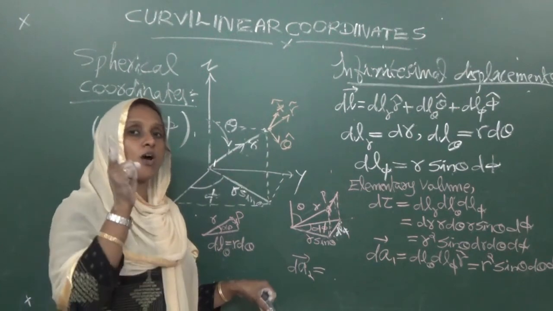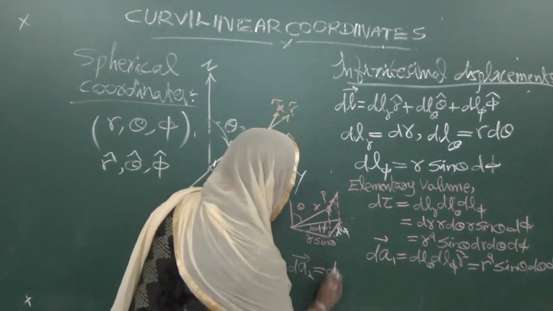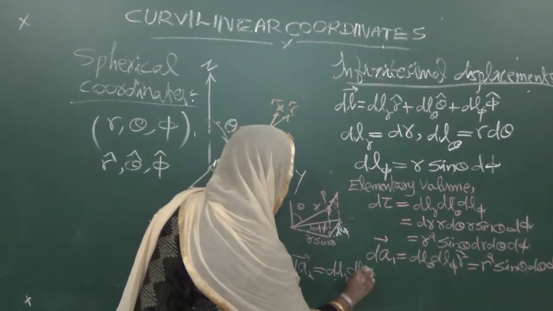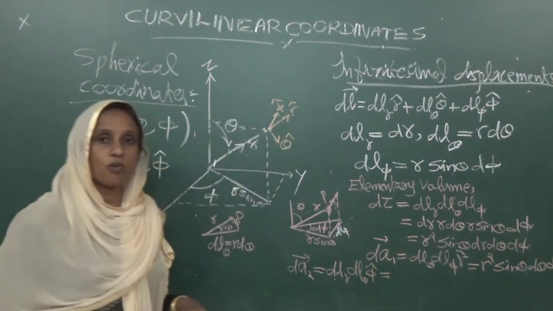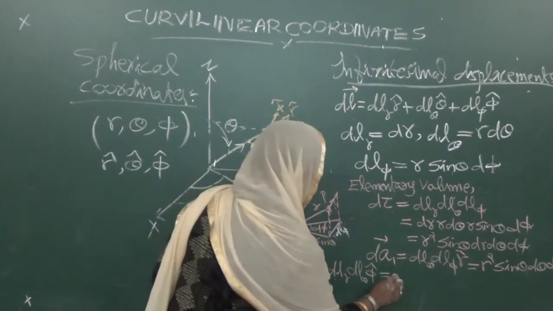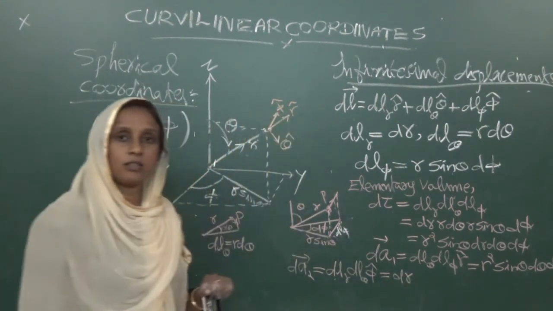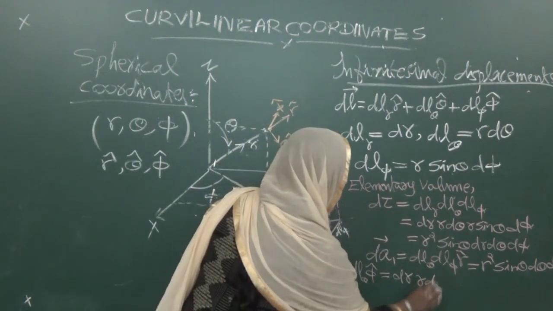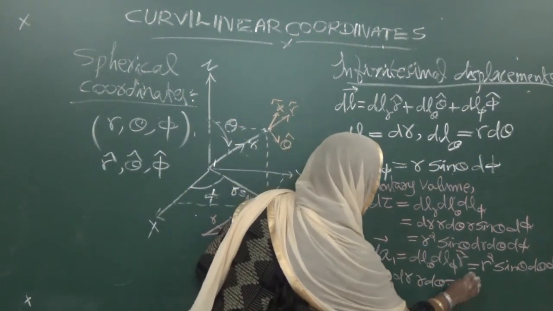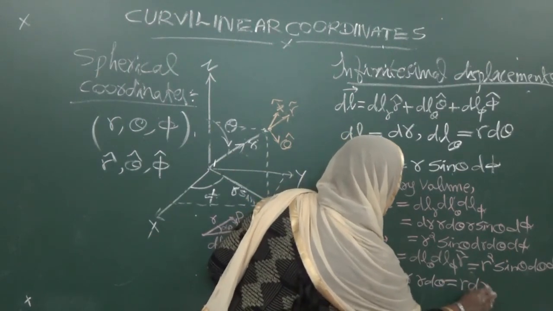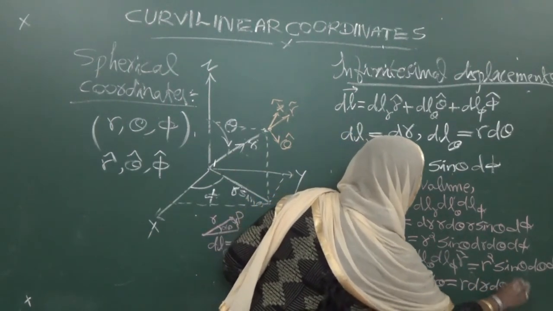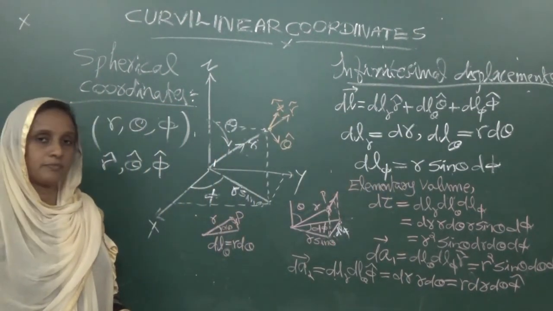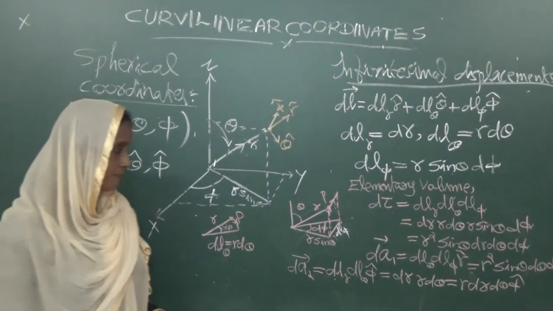This vector points along phi cap, right? So you can write here dl_r dl_theta phi cap. What is dl_r? dr. What is dl_theta? r d theta. So you get here r dr d theta phi cap.